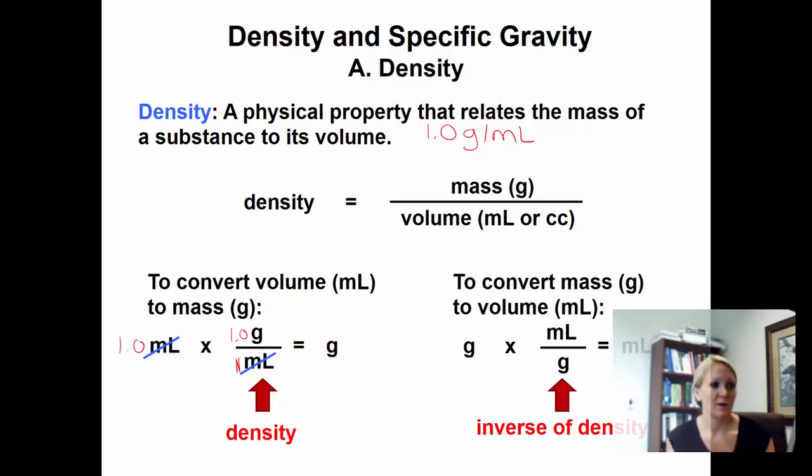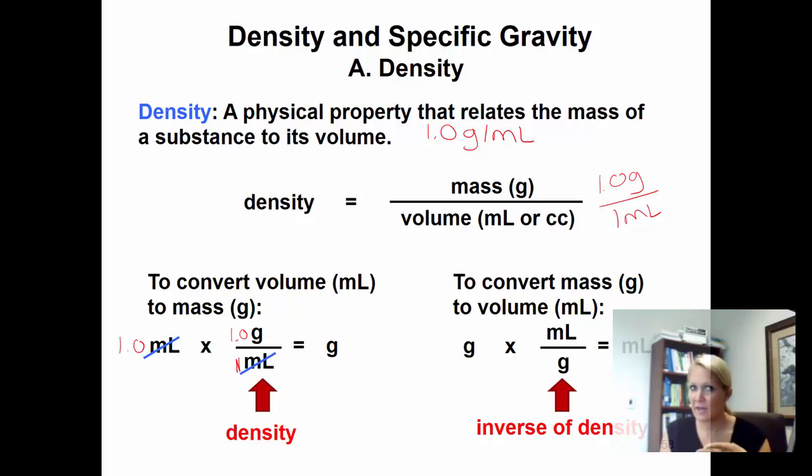If you had a mass of a solid and you wanted to find the volume, then you could use the inverse of density. So we could write it out 1.0 grams per 1 milliliter. We're just using 1 just for practice here.